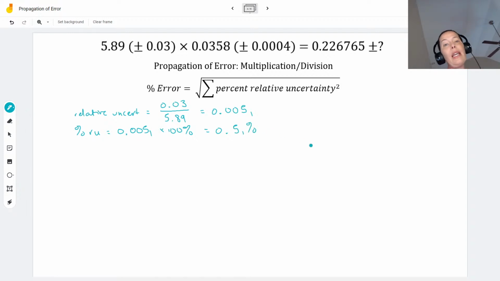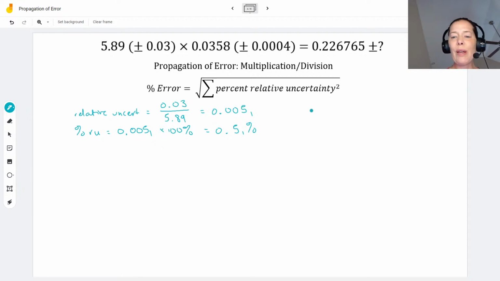Now, the key here is make sure you put that percentage mark at the end, because that tells the reader, hey, we're not talking about an absolute uncertainty. We're talking about a percent relative uncertainty. And that's a really important distinction to make, especially to your reader, and to know how to propagate error as well.